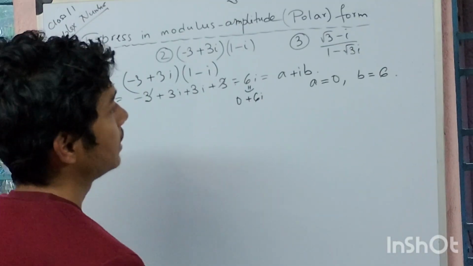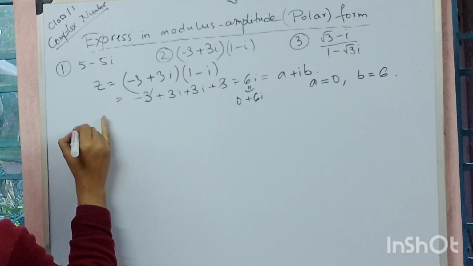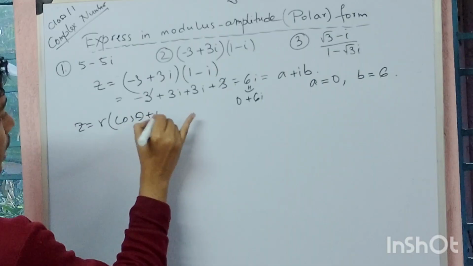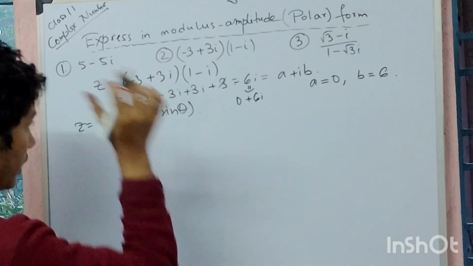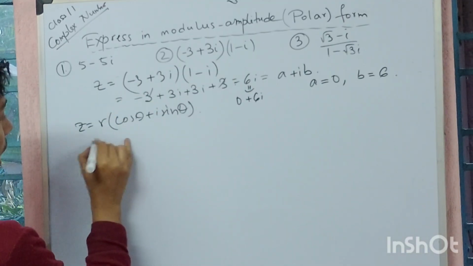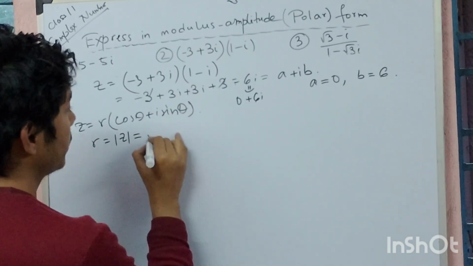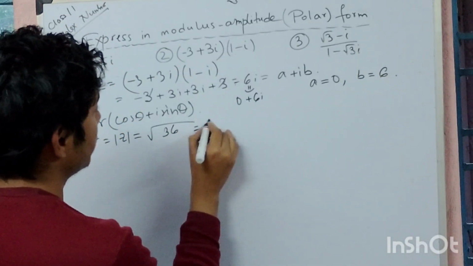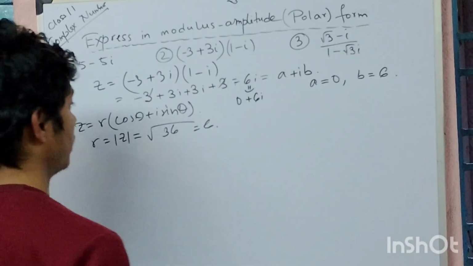From this you can easily find the modulus r if z is written in the form r cos theta plus i sin theta. Your r is the modulus of z, which is root over a square plus b square. Your a is 0, b is 6, so it's basically root 36, which means 6. So your modulus is 6.